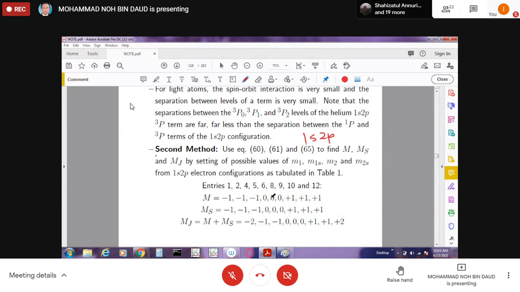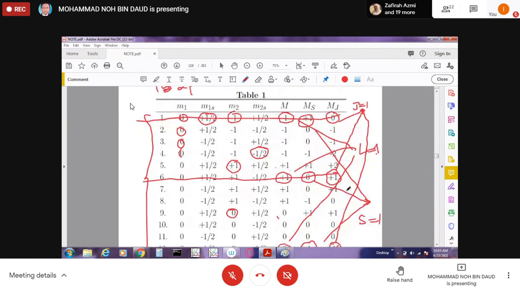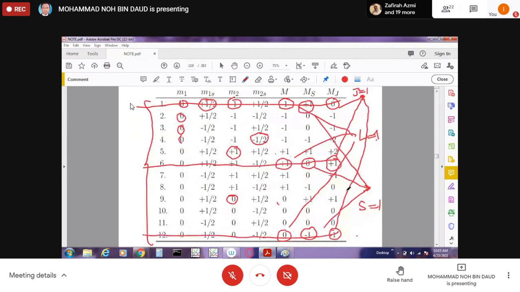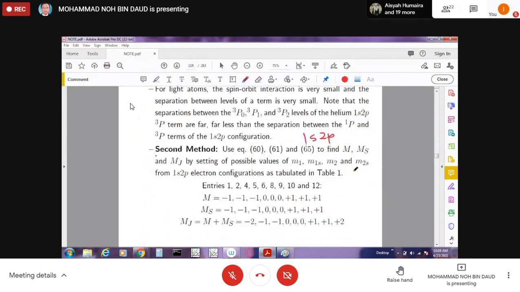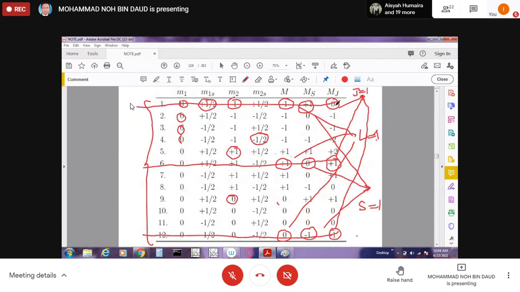This is suppose. How many values here? Zero, 1, 2. Okay. This is 0.